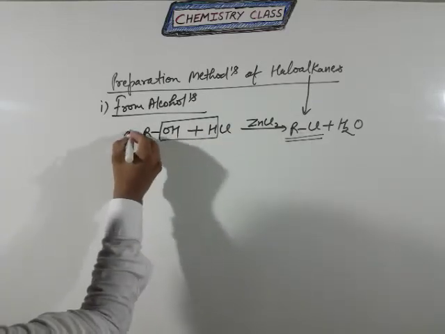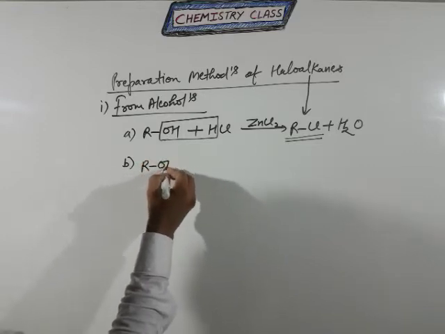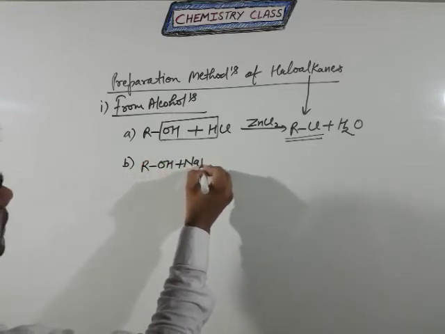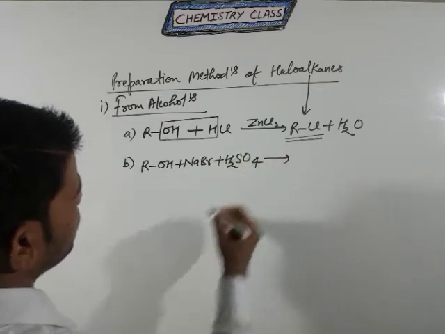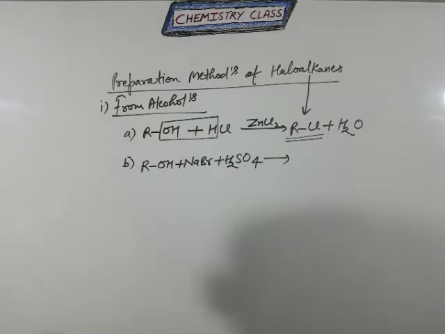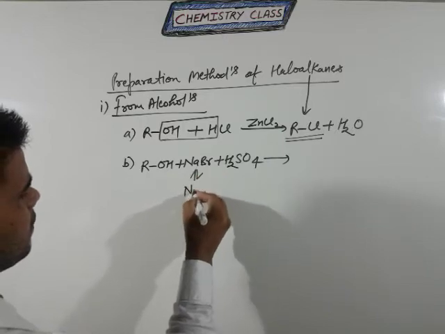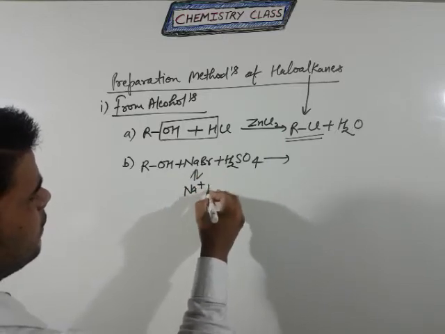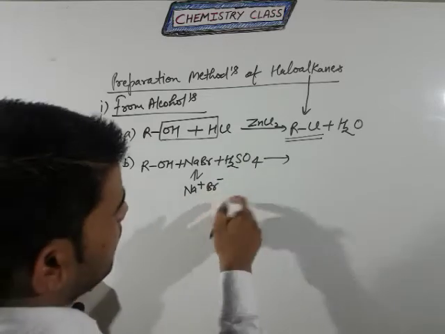Now come to the next reaction. If we react alcohol with NaBr plus H2SO4, what is the final product? First you break NaBr, so you get Na positive and Br negative, which are a cation and an anion.